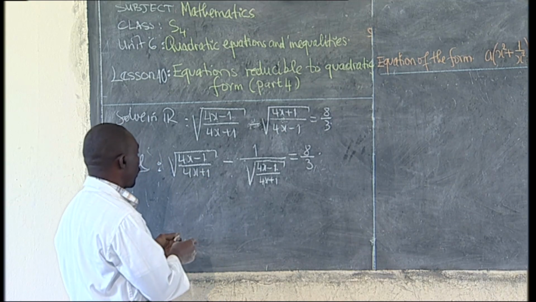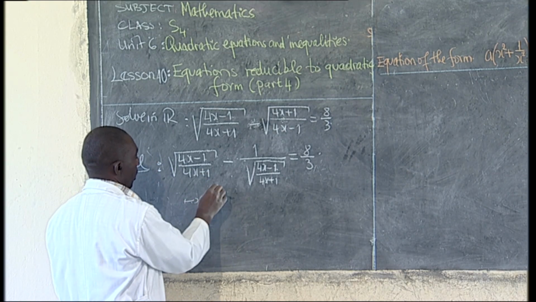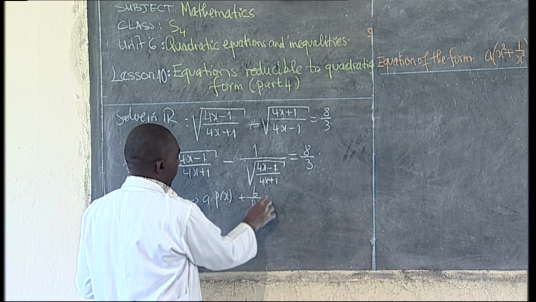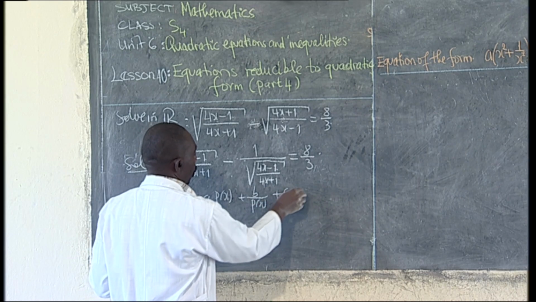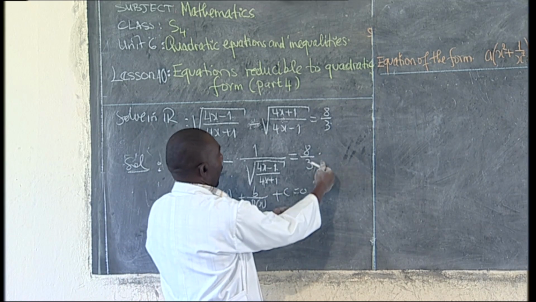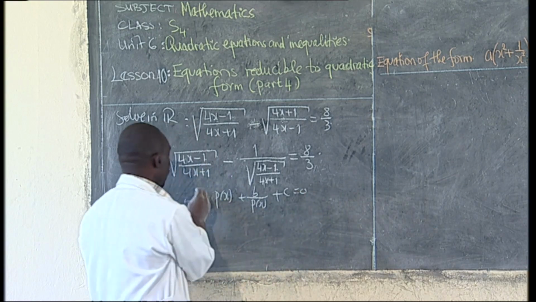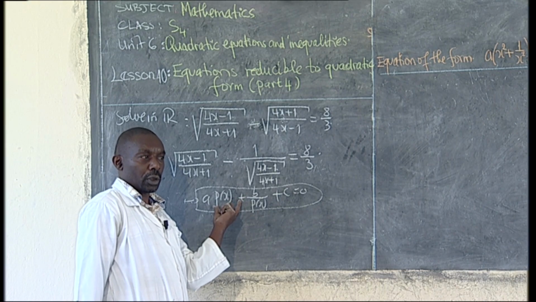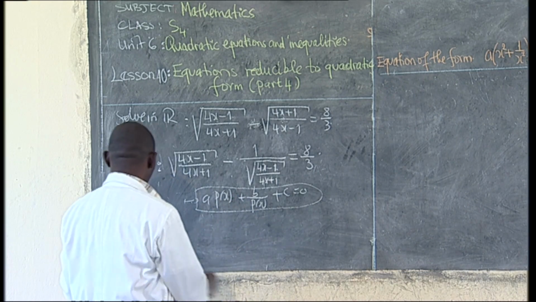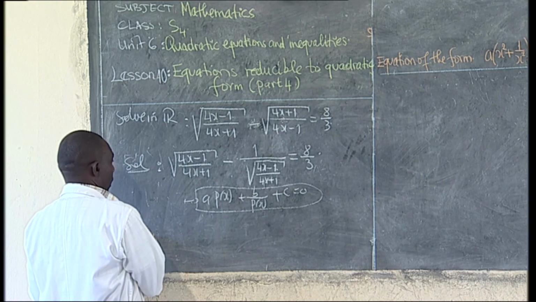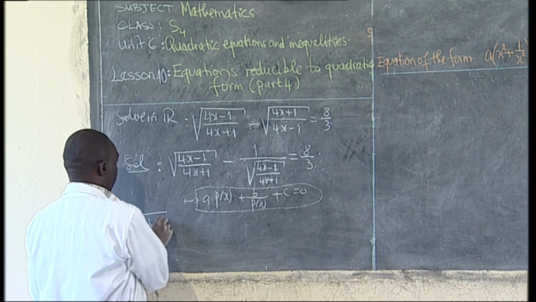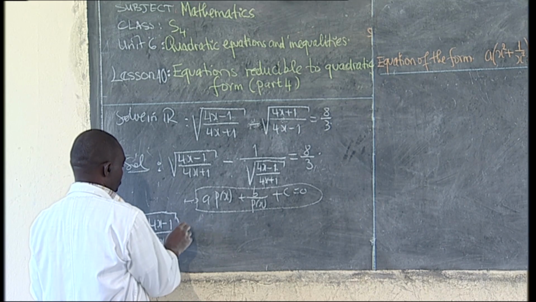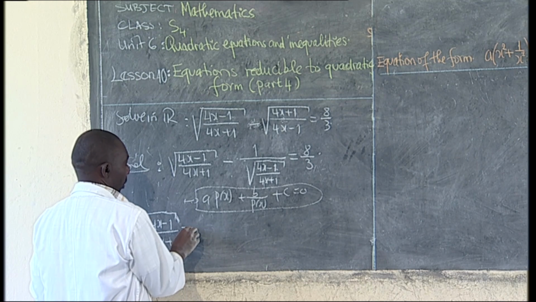So we have an equation of this form, a p of x plus b divided by p of x plus c equals 0. That means if I bring 8 divided by 3 to the left-hand side, the equation looks like this one. And we know how to solve this kind of equation. Isn't it? All right. So we let square root of 4x minus 1 divided by 4x plus 1 equal y.